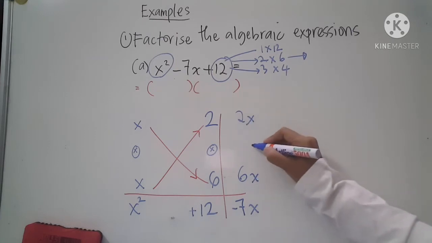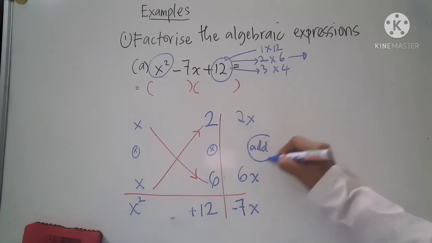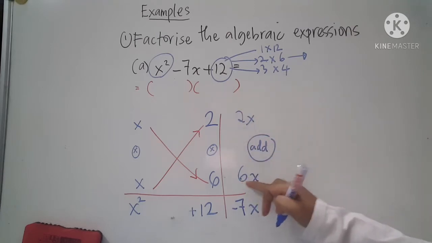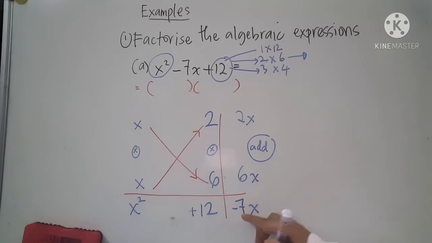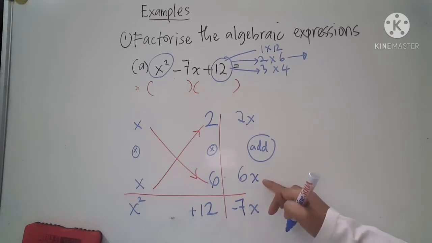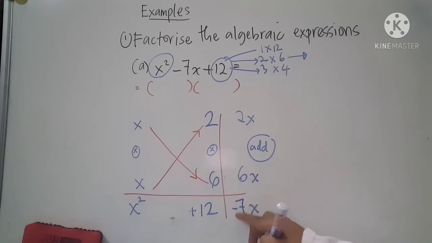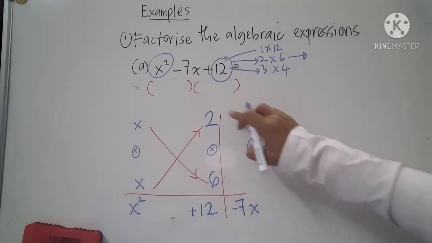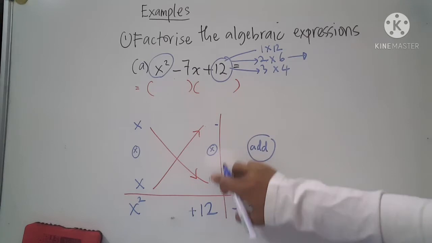But when you add up 2x plus 6x, can we get the answer negative 7x? No. We still cannot get negative 7x, so this one cannot be 2 and 6.